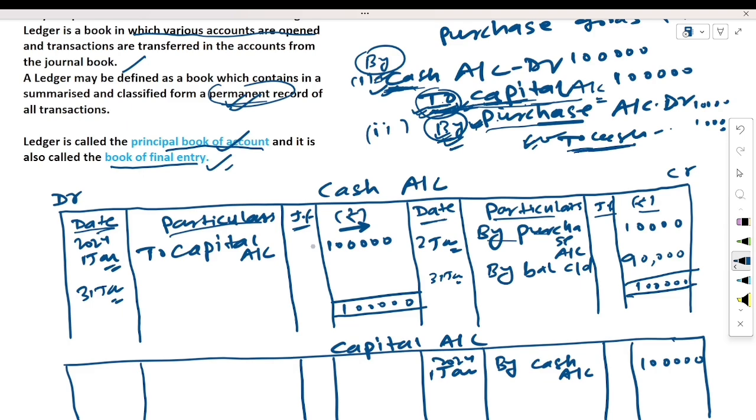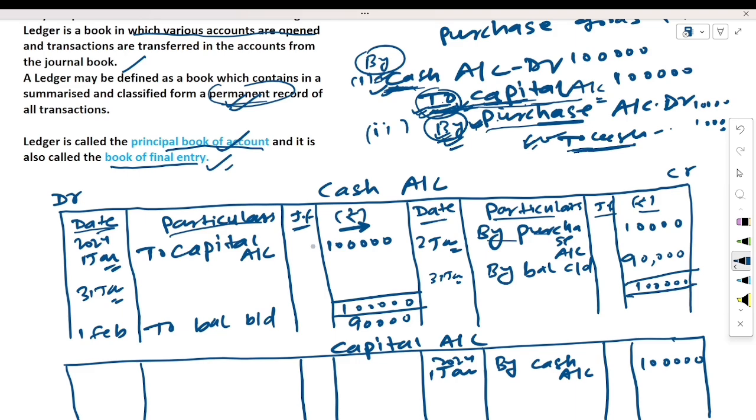It means on 31st January, whatever your closing balance is, this will be your opening balance on 1st February. So on 1st February, your opening balance will be here "to balance b/d" with the same amount, 90,000.